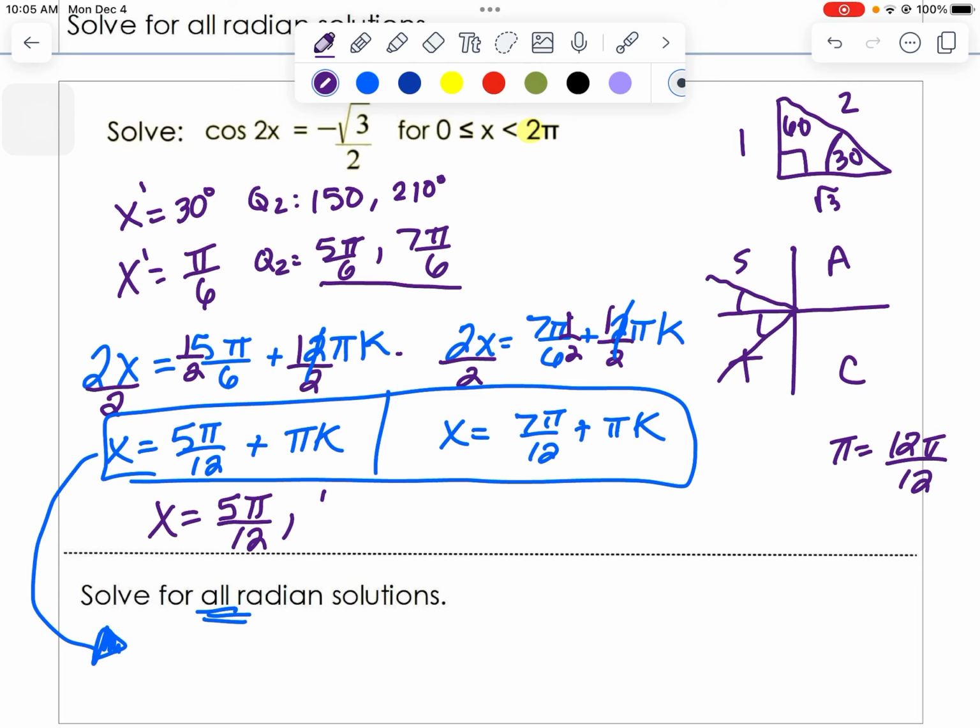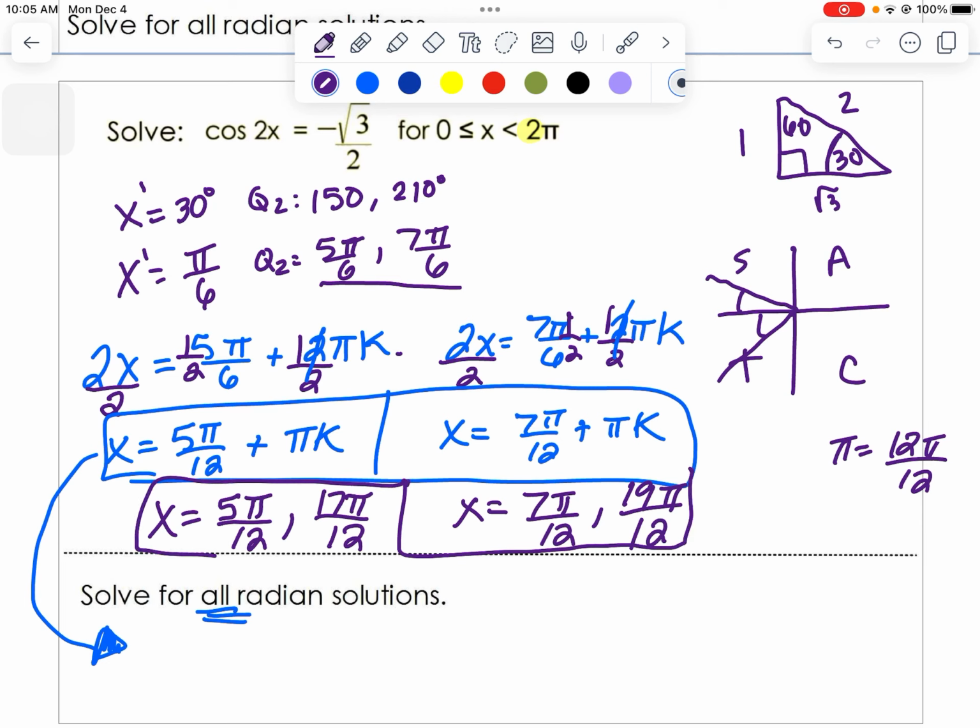So 5 pi over 12 plus 12 pi over 12 would be 17 pi over 12. And if you added 12 twelfths again, you'd be over 2 pi, so you're done there. And then starting here, 7 pi over 12, plus 12 pi over 12 would be 19 pi over 12. And so those would be our 4 answers for which cosine of 2x is equal to negative square root of 3 over 2 between 0 and 2 pi.